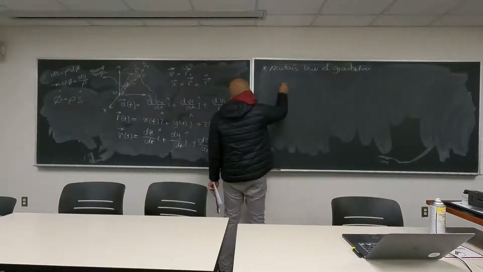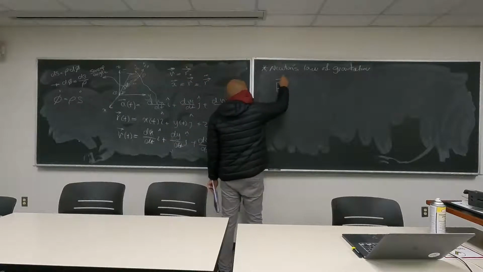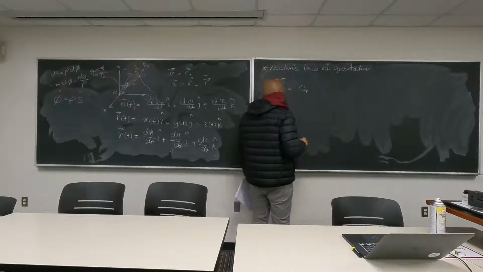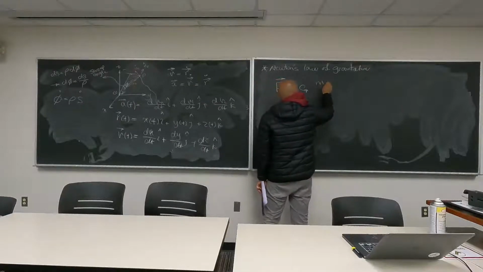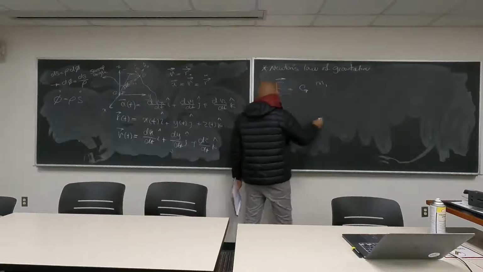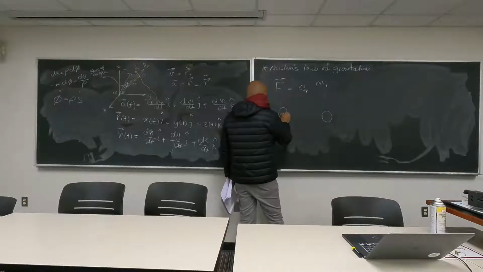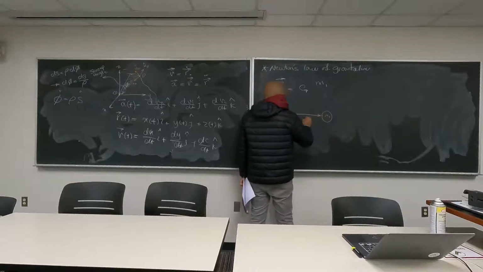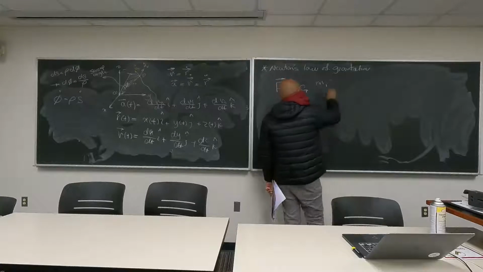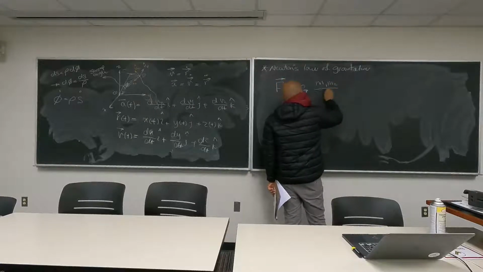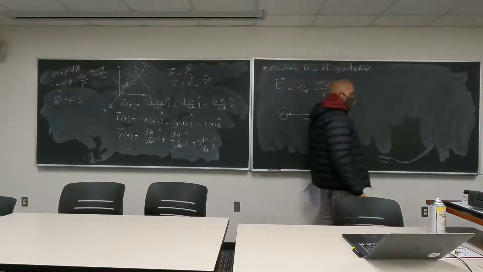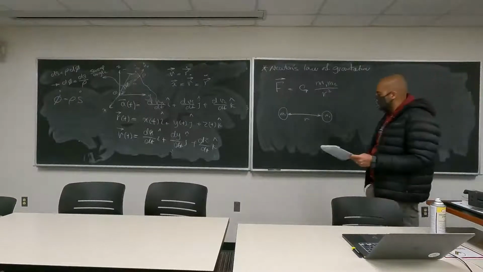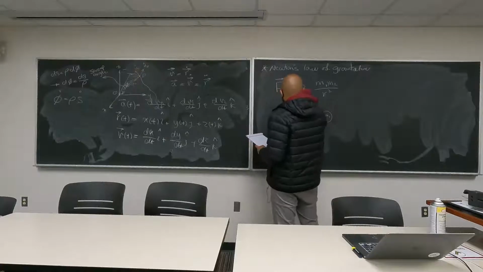So the gravitational force is equal to G, that's the universal gravitational constant. The gravitational force between two masses of m1 and m2 and distance r is equal to the product of the two masses divided by the distance squared, multiplied by the universal gravitational constant.